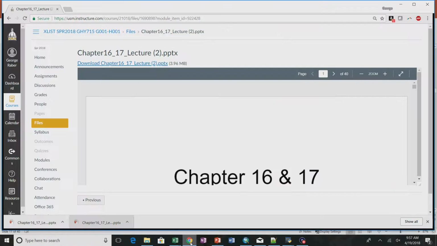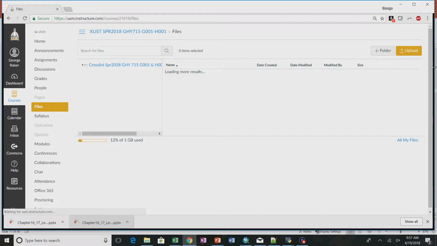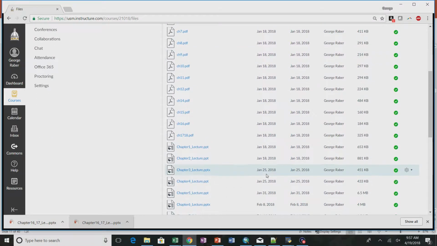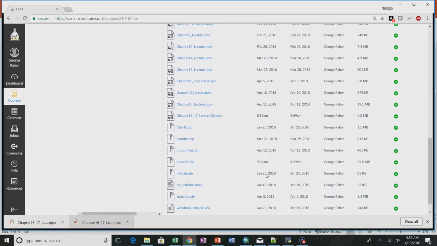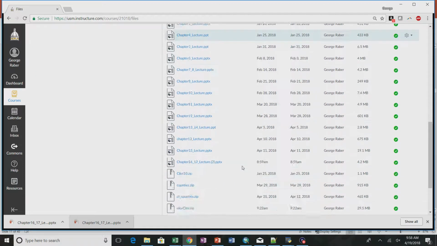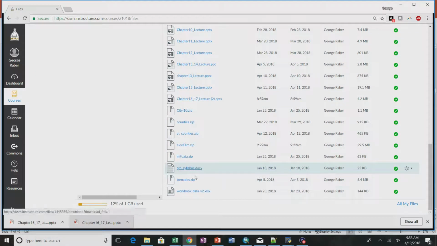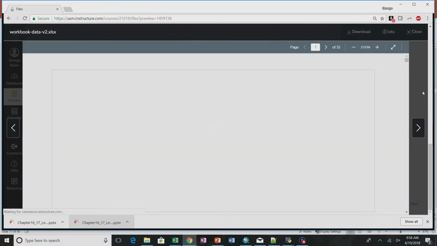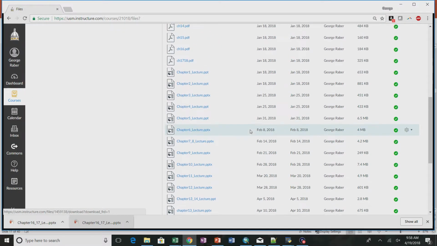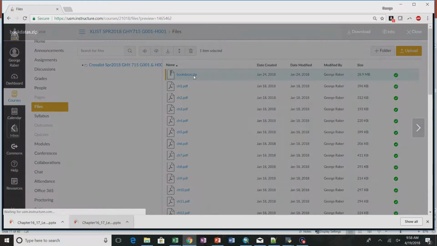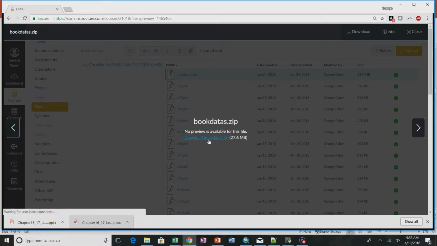Let's download the book data, because this is the data that we're dealing with here. Workbook data. No, sorry. I meant the book data. What's up here? Book data. So we have this frost data in there.